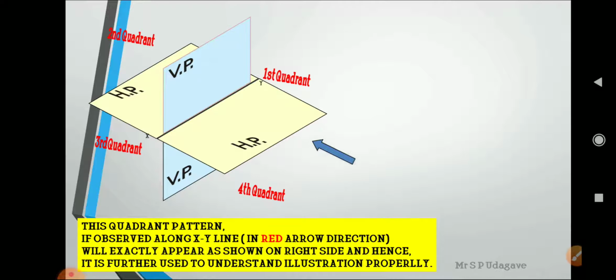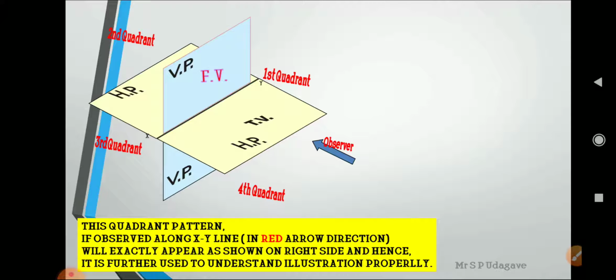The arrow shows the observer. The front view is projected on the vertical plane, and the top view is projected on the HP, horizontal plane.